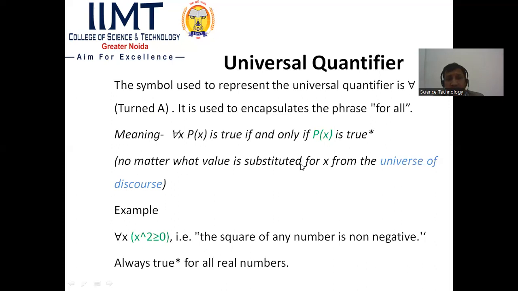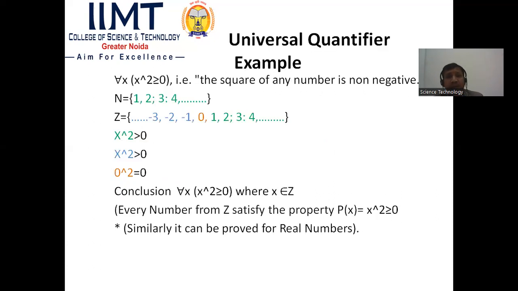Here I have mentioned we are taking any value from the set of objects or universe of discourse. The property Px will be satisfied for every element. Here I have one example. This example is explained on the next slide.